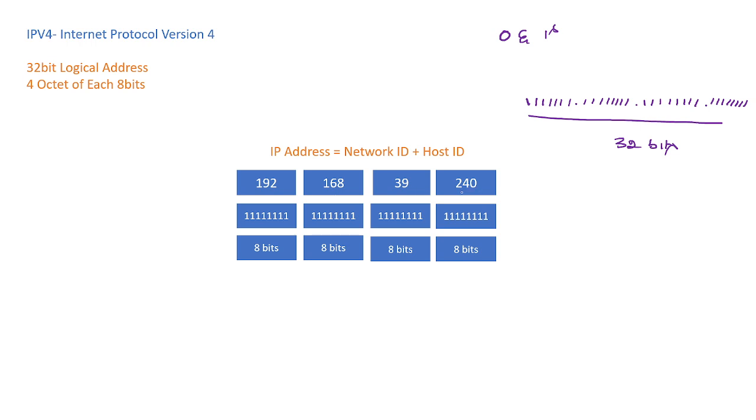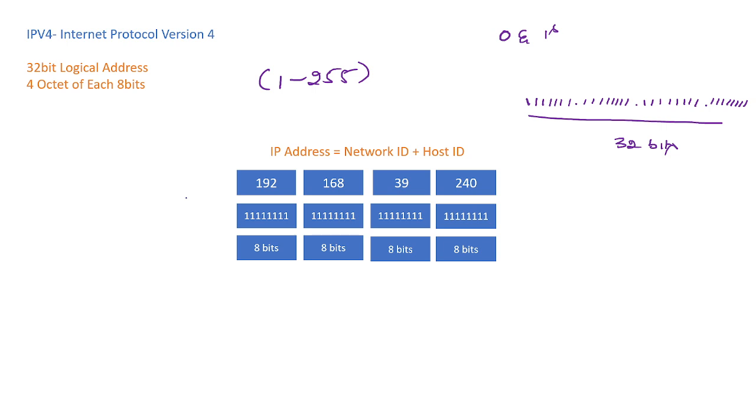See here, I have written a number: 192.168.30.240. If you look at it, it is a numerical value. It's a numerical number: 192, 168, 30, and 240. In IP version 4, the number between the dots will always vary between 0 and 255.